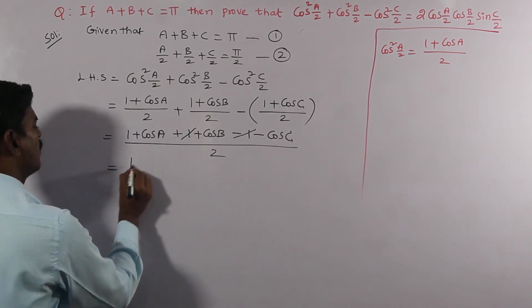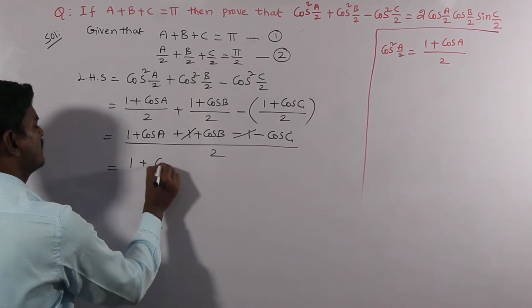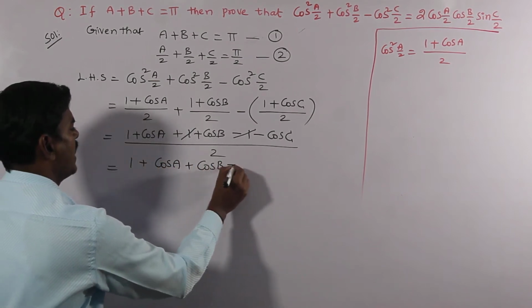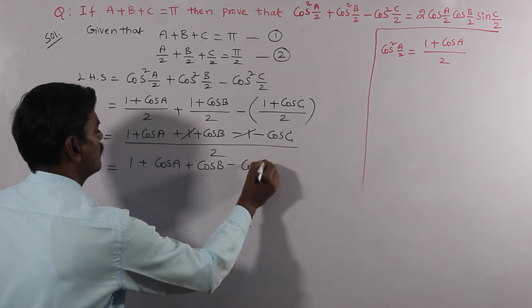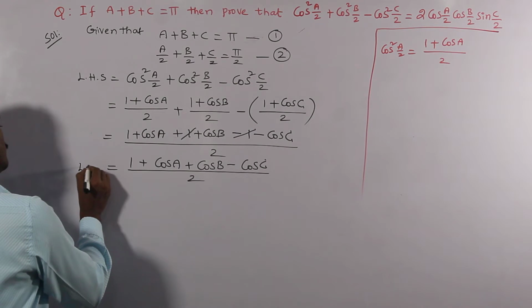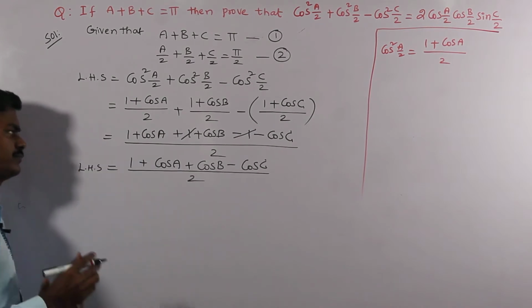So now we are left with 1 plus cos A plus cos B minus cos C whole divided by 2. So this is your LHS.